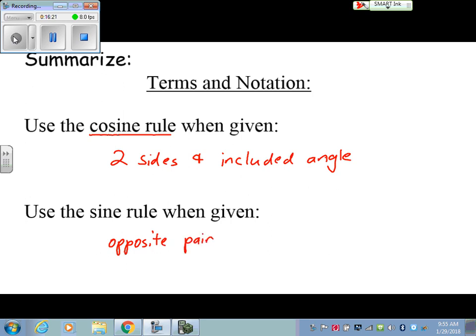And what we mean by that is an opposite side and angle. And then we set up our proportion. All right, so 2 sides and an included angle, that's for cosine rule. Sine rule, opposite pair of parts. They both get us missing sides, missing angles, but that is the thing we need to be looking for when deciding which one to use. Till next time.